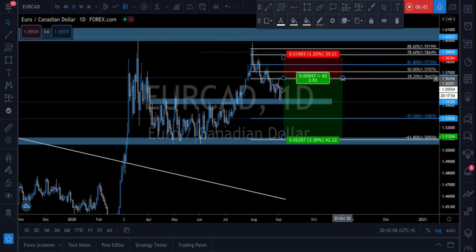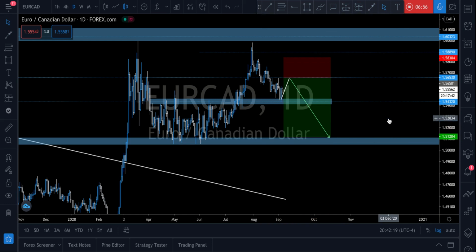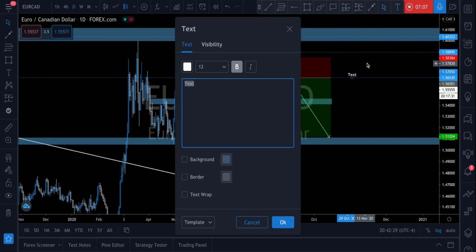Perfect. So we want to see this. And we're going to mark this up and explain why we're doing that. So this is 61% fib. Oops, sorry, 38%. Structure.